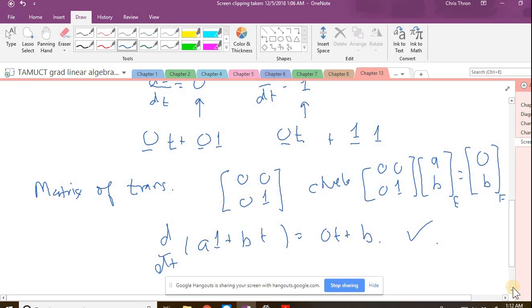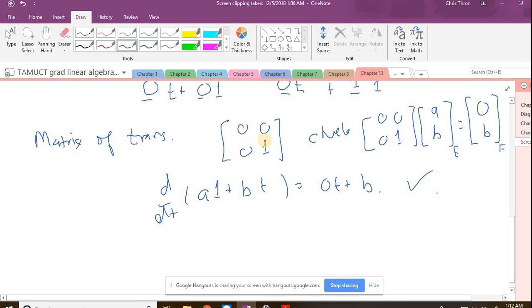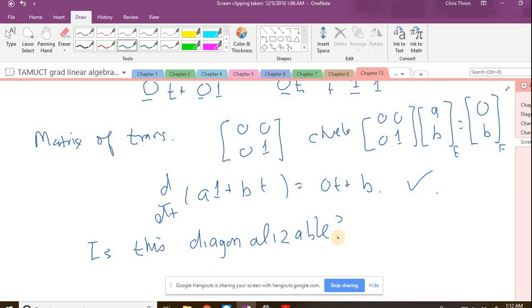Okay, so I agree. All right, so is this matrix diagonalizable? Don't all speak at once.